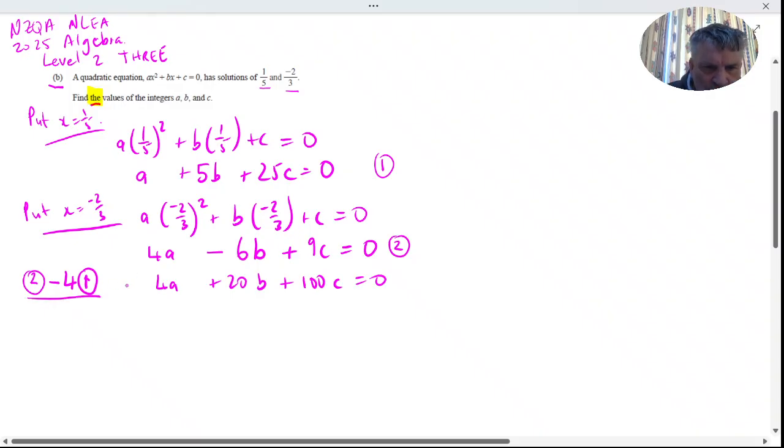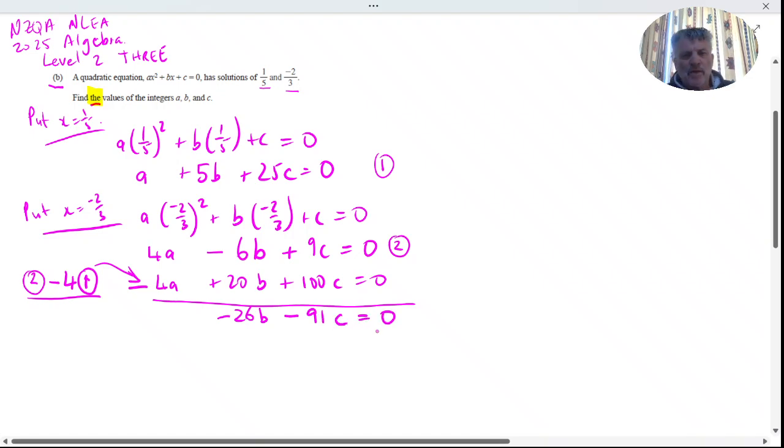This is what we're doing, but in here we've got just the 4 lots of 1, just this bit here we've written down here. And then if we do a subtraction, we're going to eliminate the a. So minus 6 take away 20 is minus 26b. 9 take away 100 is minus 91c equals 0.